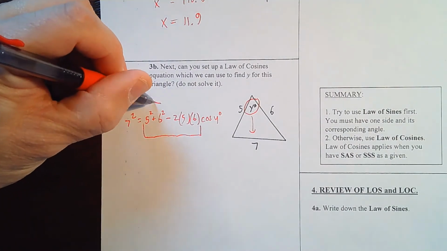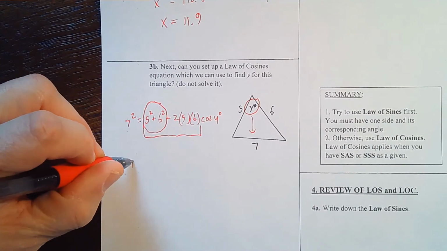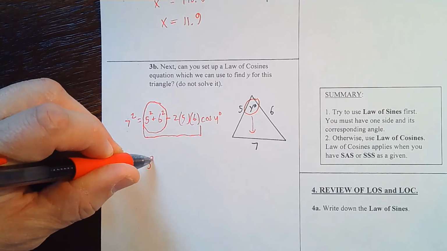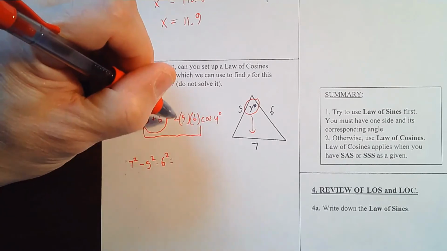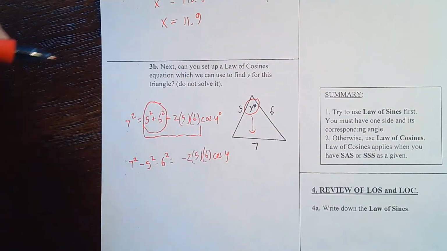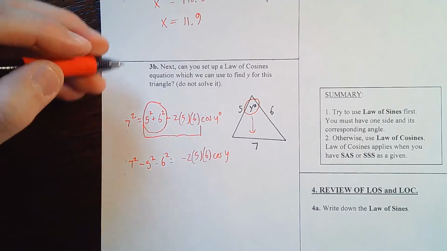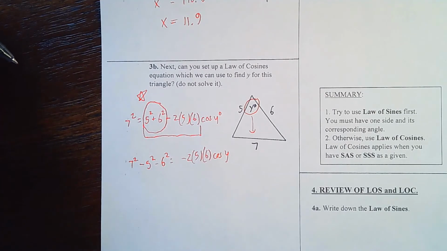What you need to do is actually subtract the 5 squared plus 6 squared over to the other side first. So you'll get 7 squared minus 5 squared minus 6 squared equals minus 2 times 5 times 6 times cosine y. All right, so that's an important idea there. Don't get fooled into combining all of those numbers, everything that appears on the right side together in this situation.